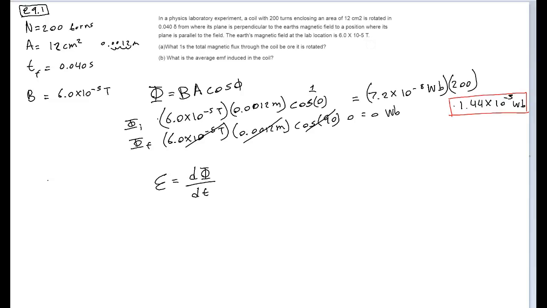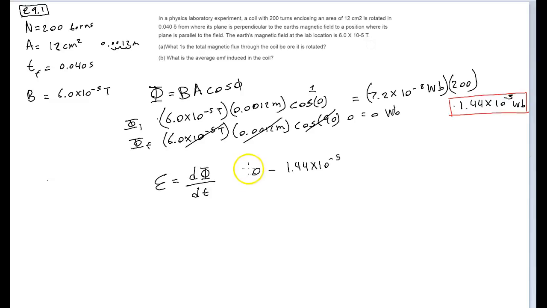Now the second question is saying, what is the average EMF induced in the coil? In the coil, we have the change of the flux, final minus initial. So the final was 0 minus the initial, which was 1.44 times 10 to the negative 5.